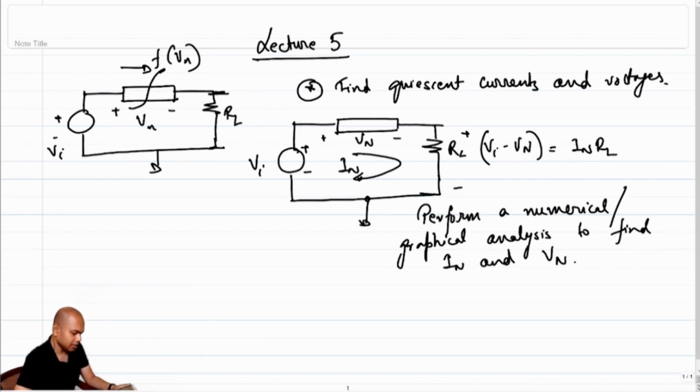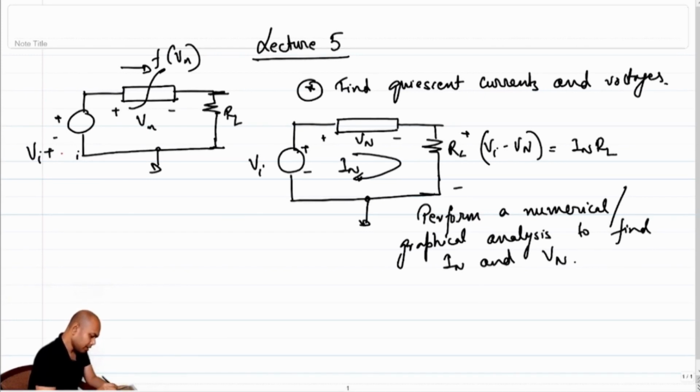The next thing that we said was, if my input was, let's say, Vi plus delta Vi, where delta Vi is a small increment, then I could, in principle, find the relationship between the incremental current and the incremental voltage. Let me use a different color here.